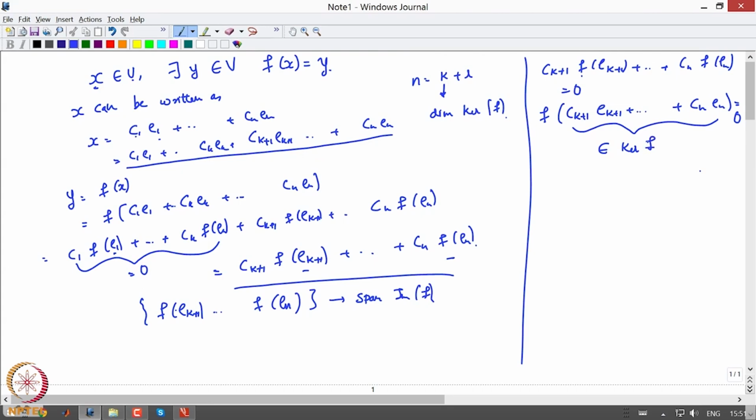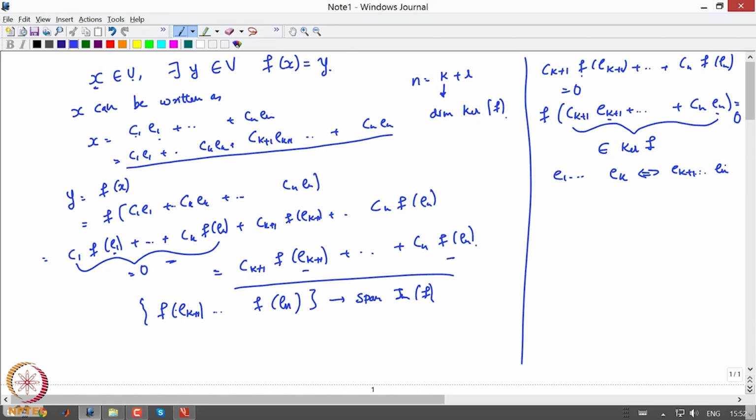Okay. Now, what do we know about elements of the kernel of f, starting from the definition over here? Well, any element can be written in terms of its basis e_1 till e_k. Now, I claim that they can also be written in terms of e_{k+1} till e_n, which means that there is some kind of a linear dependence between e_1 till e_k and e_{k+1} till e_n.